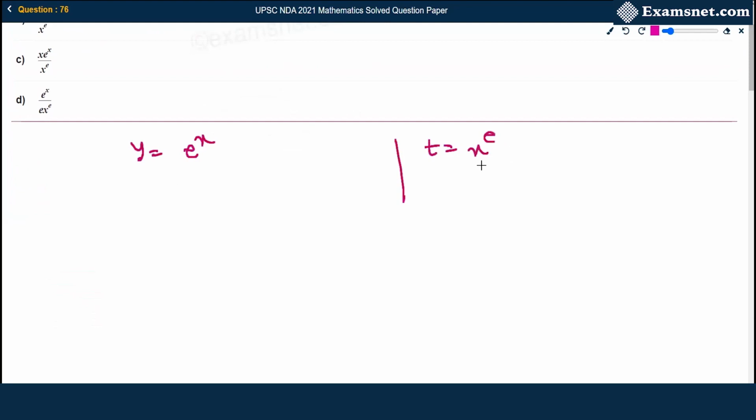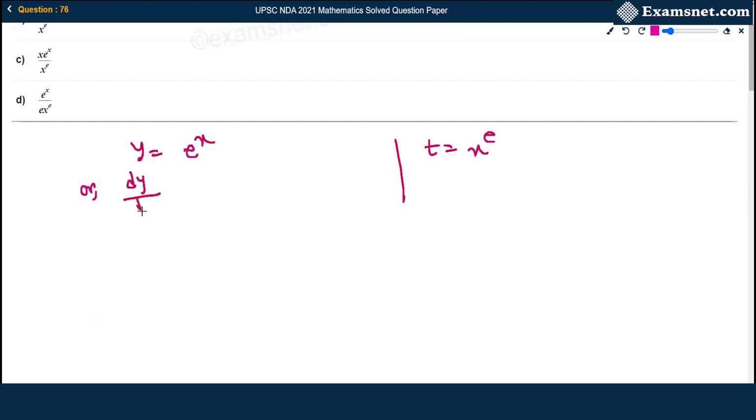Okay, now y and t both are functions of x, right? So let me differentiate these separately. Since it is a function of x, I will differentiate it with respect to x.